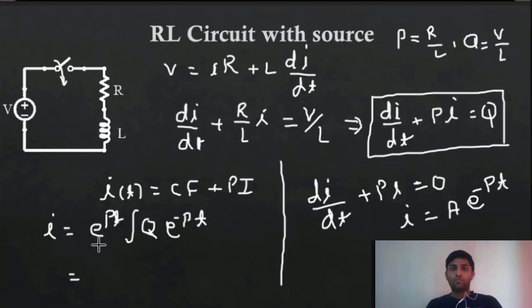Minus Pt is over here and plus Pt is over here, so you will get Q by P. Q is taken outside, and e raised to minus Pt, when you integrate it, P comes in the denominator. Multiplying minus Pt and plus Pt, the exponents add to 0, e raised to 0 becomes 1.